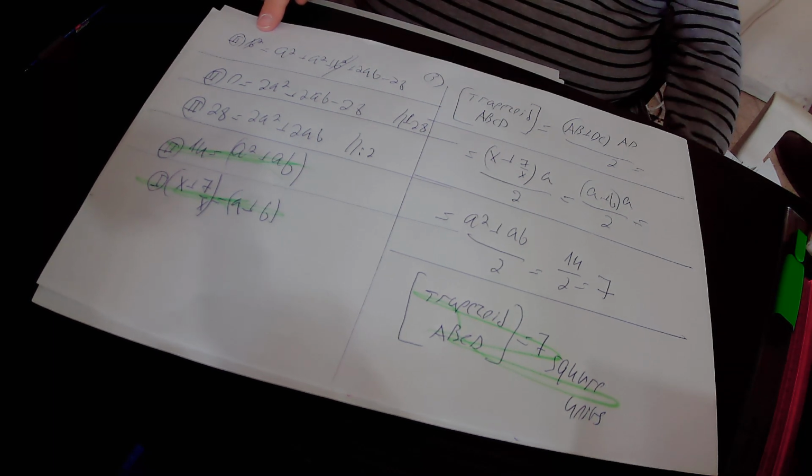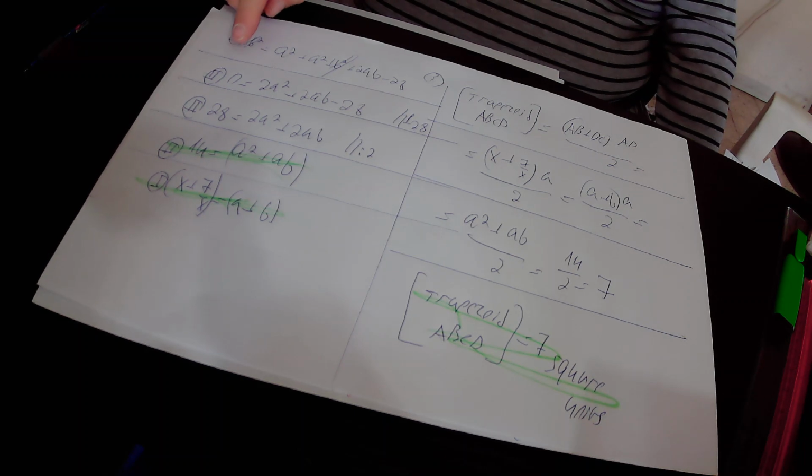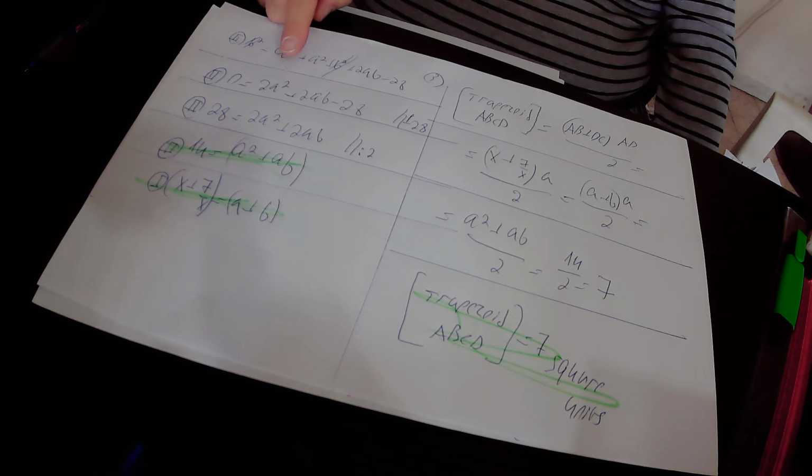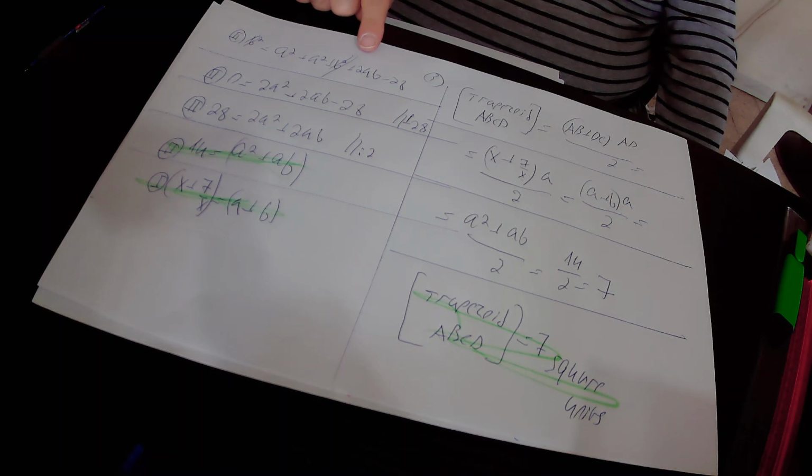So on this side of the equation we are left with nothing, that is to say 0. On the other side of the equation we have a squared plus a squared, that is 2a squared, and we also have plus 2ab minus 28.